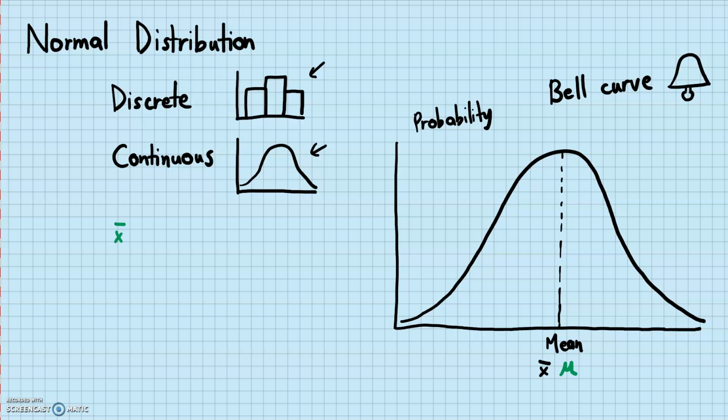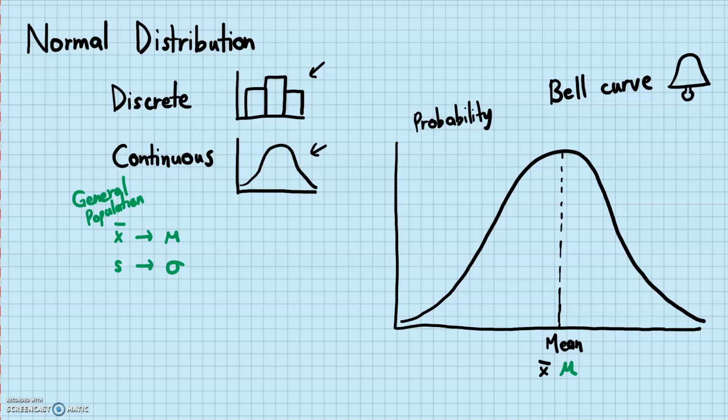So instead of using x bar, we are using mu for general purposes, and for standard deviation, instead of using s, we're using sigma. So these are Greek letters. So for the general population, we're using these symbols. Okay, so I'll be using these symbols in this video.